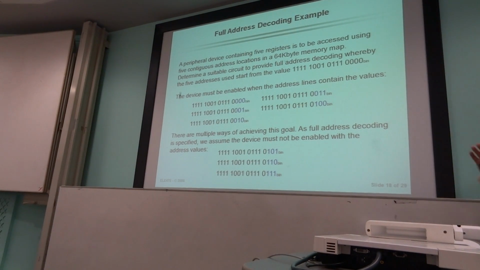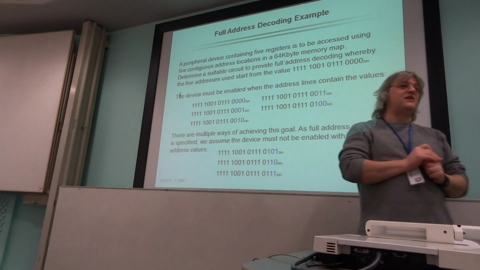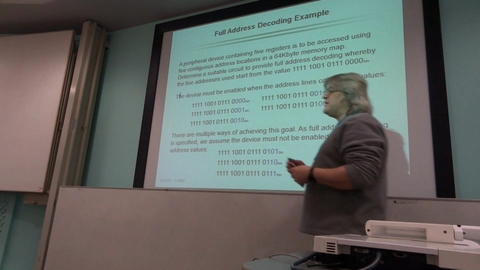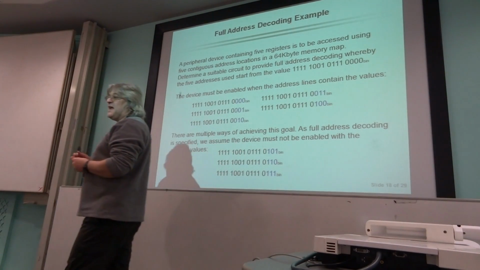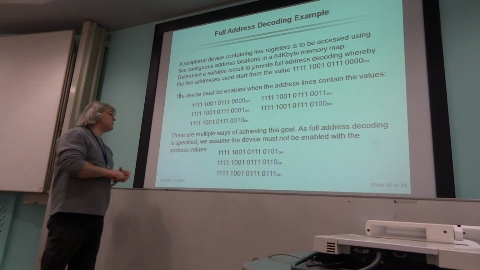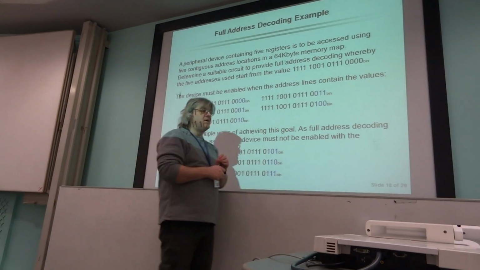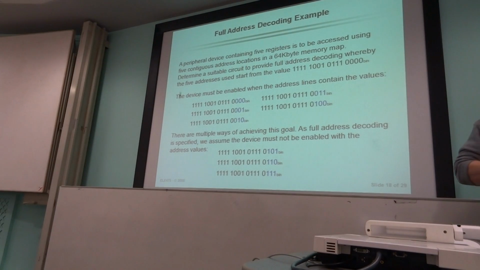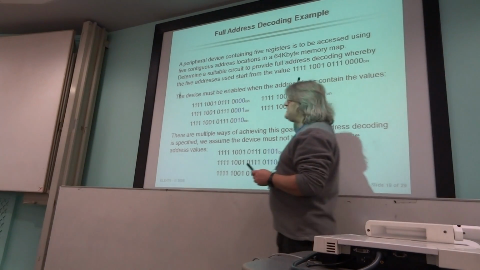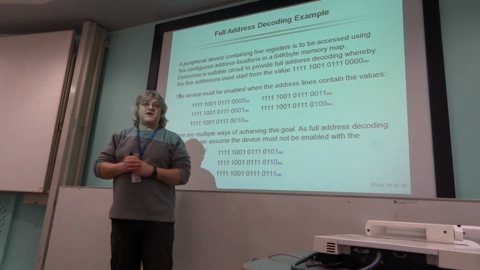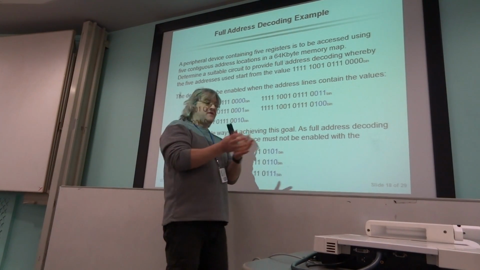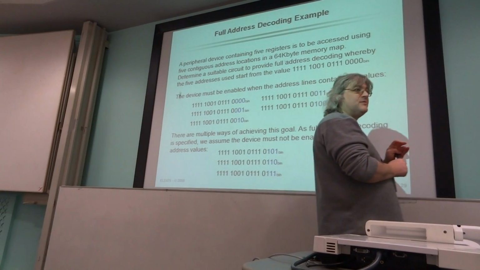Right, here's your worst nightmare address decoding scenario. It doesn't get any more horrible than this. So you're a designer working for a company, I don't know, ARM, Motorola, Philips, something like that, and they say, okay, we have this device that's going to be attached to an address bus. Other things are already attached to this address bus, and we don't want any conflicts with what's already connected to it.